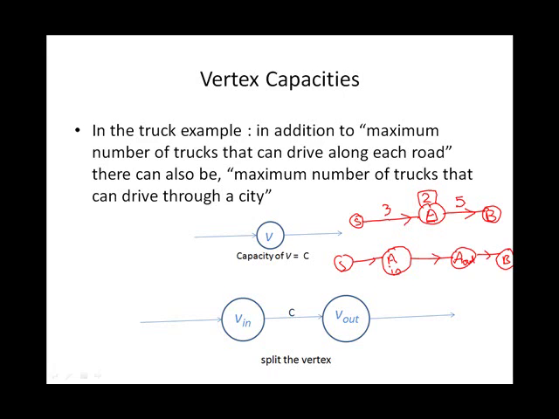All the edges which were going from S to A, we now add from S to A in, and all the edges which were from A to some other vertex, we add from A out to this B. The capacity constraint imposed on A, we add as the edge capacity for the edge from A in to A out.